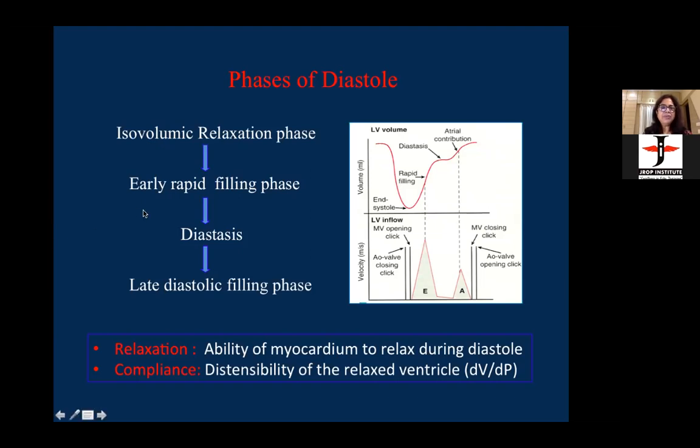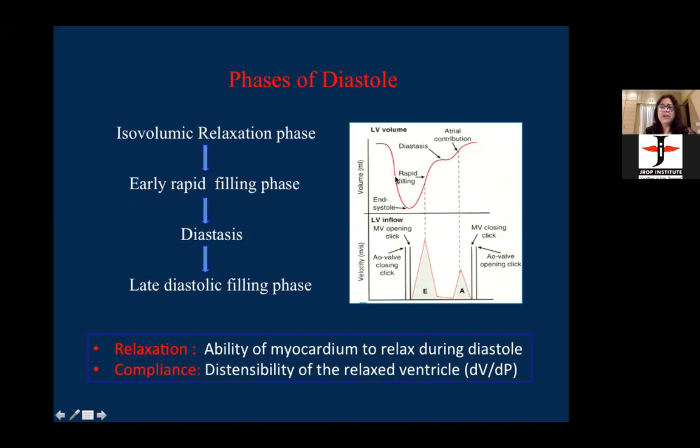And because of the difference of pressure, because the LA pressure is higher than the LV pressure, and we know that blood always moves from the higher pressure zone to the lower pressure zone, the blood will now start flowing from the left atrium to the left ventricle. Around 80% of the ventricular filling takes place during the early rapid filling phase.